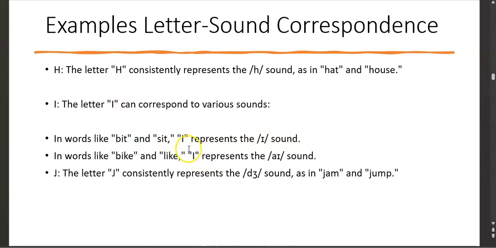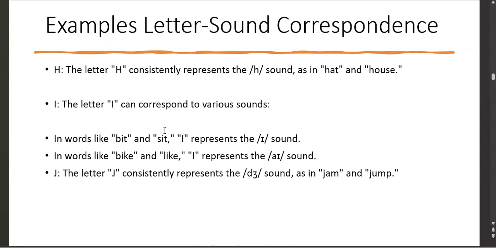Very easy to pronounce and very easy to tell the sound and the letters by giving examples. So for example, words like bike and like share the same pronunciation of I, but words like beat and sit share another pronunciation of I. Therefore, we find two different ways of pronouncing the same letter.